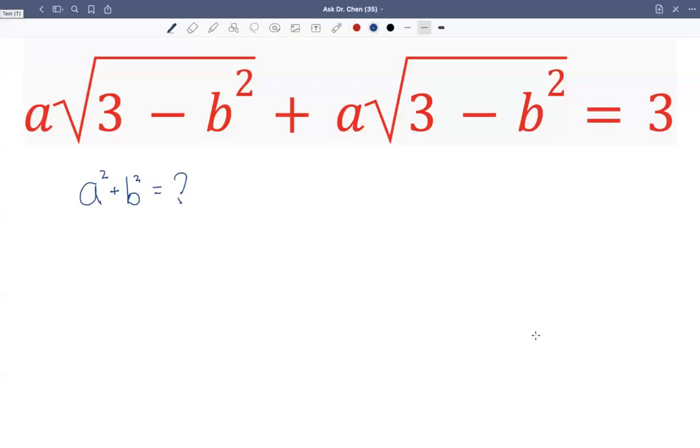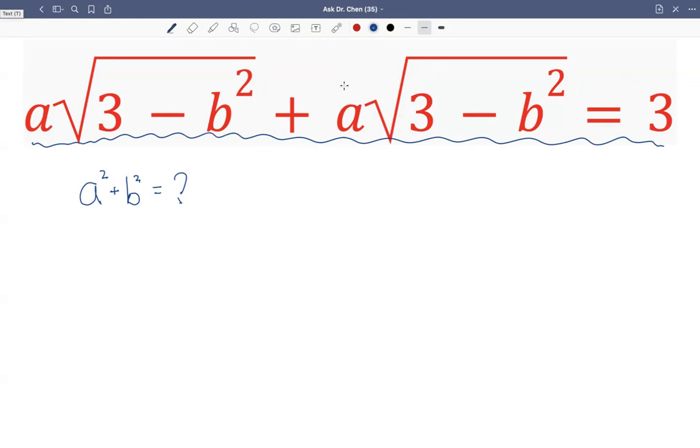Let's see this question. We're given this equation with two variables, A and B in it. So we're given this relationship. The only thing we see, oh, that's a typo.